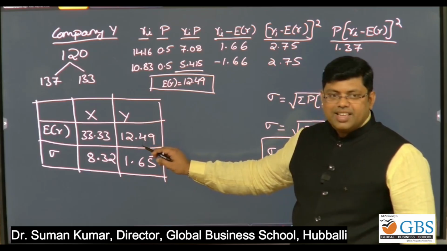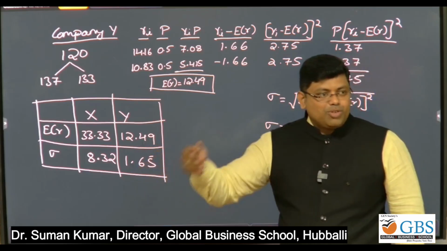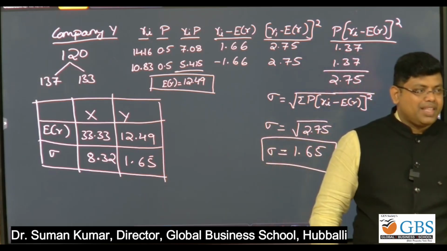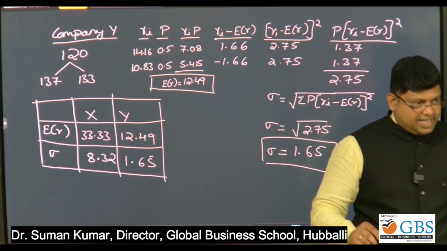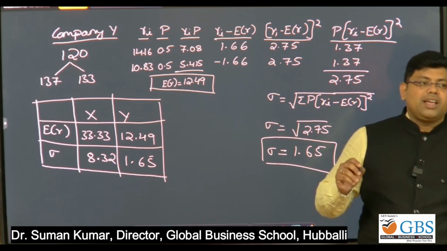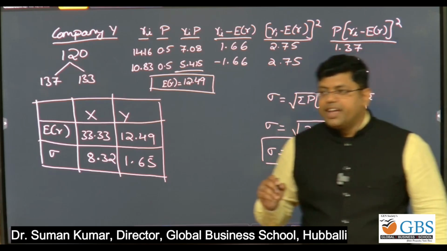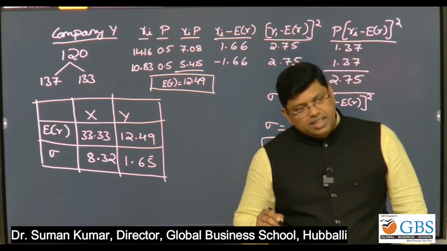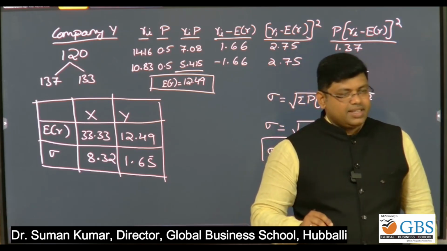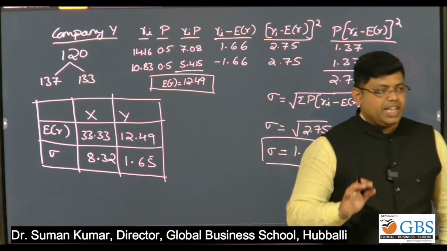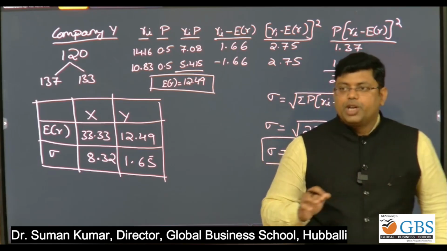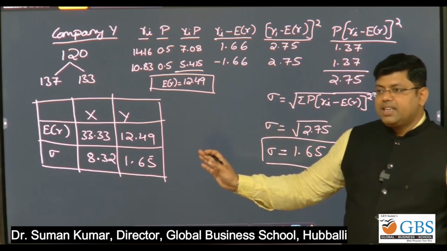Return is also less. So what should be your conclusion? As an investor, selecting X will be getting higher returns, but also with high risk. If you are not an aggressive investor, it is better to select Y.